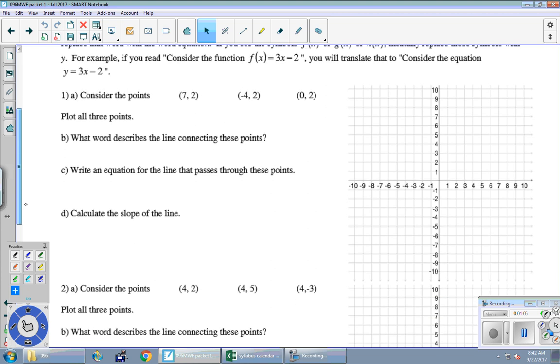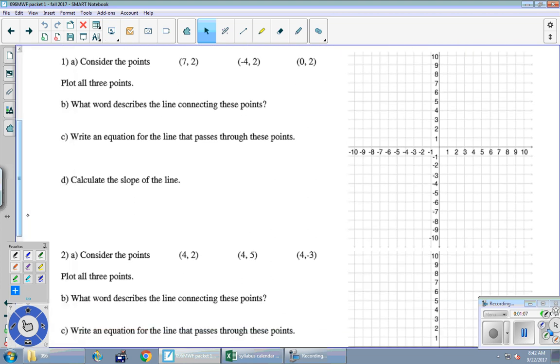Okay, let's take a look at number 1. Part A says consider these points, and then we're going to plot them in part A. So 7, 2, negative 4, 2, and 0, 2. Let's plot those guys real quick.